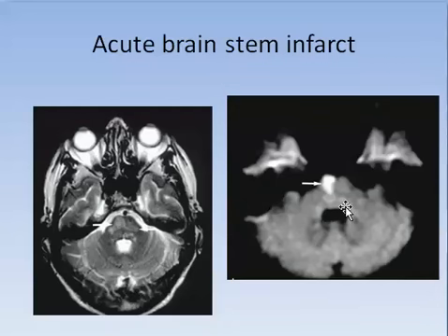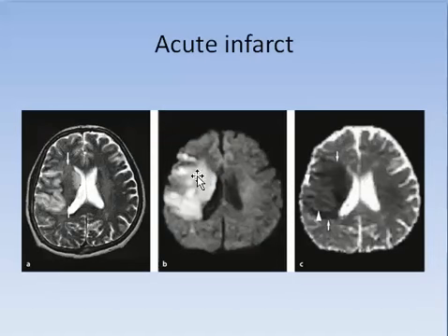Now this one is a brainstem recent infarct, seen in diffusion as restriction, and seen in T2 weighted images as hyperintensity. This is acute infarct, acute in diffusion, acute in ADC map.